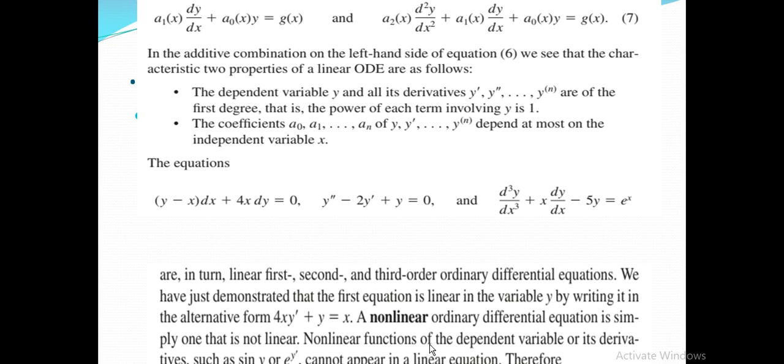So we have just demonstrated that the first equation is linear in the variable y by writing it in the alternative form x y dash plus y equals x.